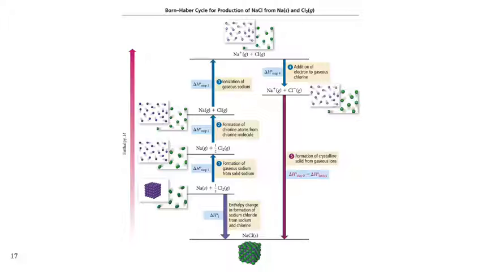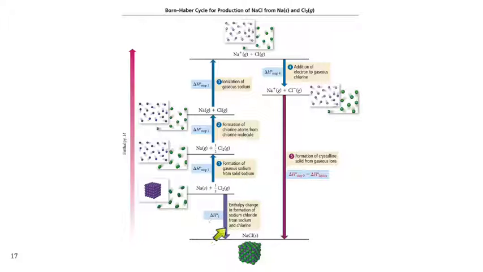So here is a Born-Haber cycle for the reaction of sodium and chlorine to form sodium chloride. This is the starting point right here. When sodium and chlorine react to form sodium chloride, the product has lower energy than the reactants, and so this energy is released.